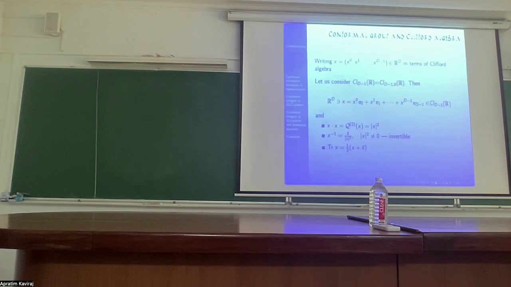A vector in R^d is written with the zeroth component coming with e_0, the first component with e_1, and so on and so forth up to d minus 1. So this is the vector in R^d, now written as an element in the Clifford algebra. And now one can just check explicitly that x times x, using the products of e's that we talked about, is nothing but the quadratic form, the length.